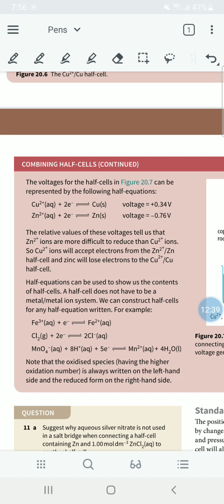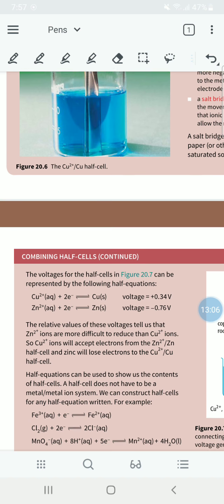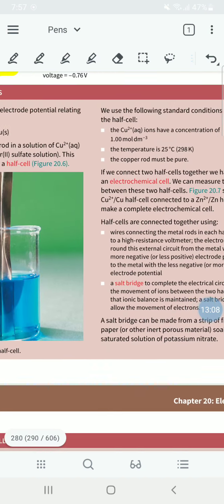So then what does that mean? For copper ions to easily become copper, it needs 2 electrons. So from where does it take electrons? From zinc. So zinc will give the electrons to the copper half cell. So the electrons would flow from zinc to copper. I hope you understood that.